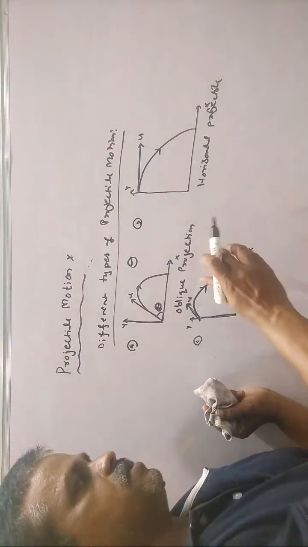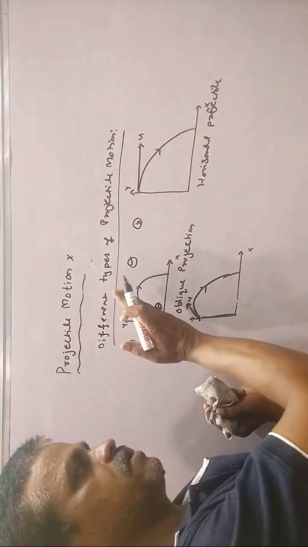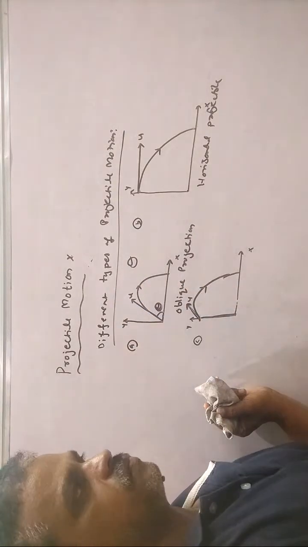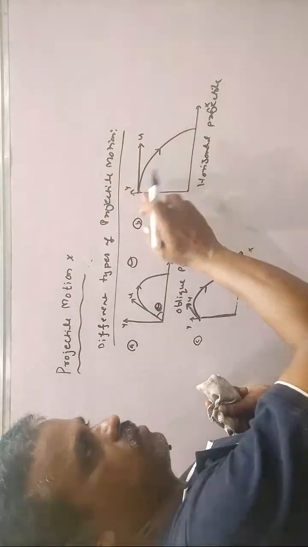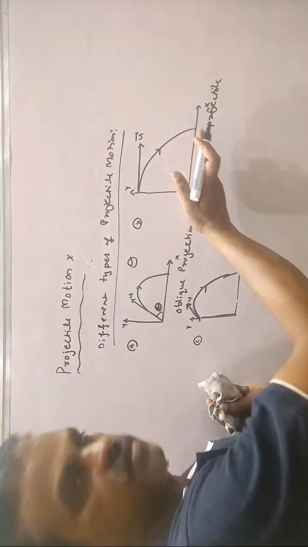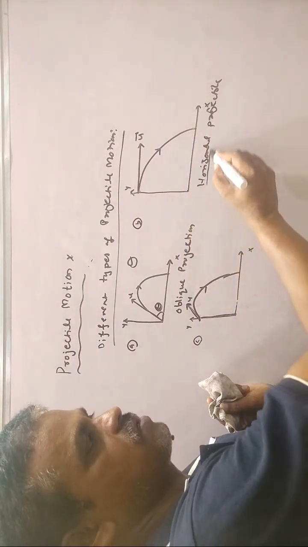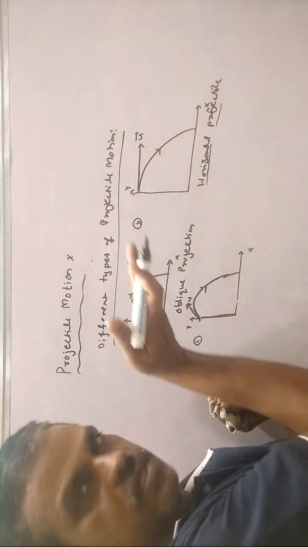See, the first one is oblique projection, where the velocity vector makes an angle with the x-axis. Here the velocity vector is parallel to the x-axis, so we can call it the horizontal projectile. We are projecting horizontally like this.